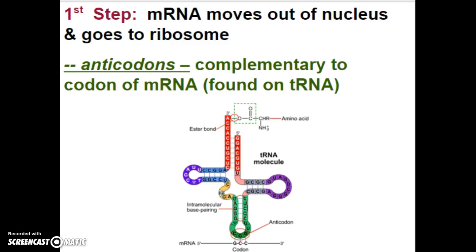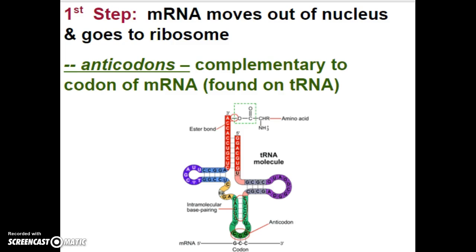So the first step in translation, again, the messenger RNA that has the message needs to deliver the message. So it's going to move out of the nucleus and go to the ribosome. Now, transfer RNA works with what's called anticodons. Anticodons are not evil or dark in any way. They're simply the opposite, or they are complementary to codons that are found on messenger RNA.